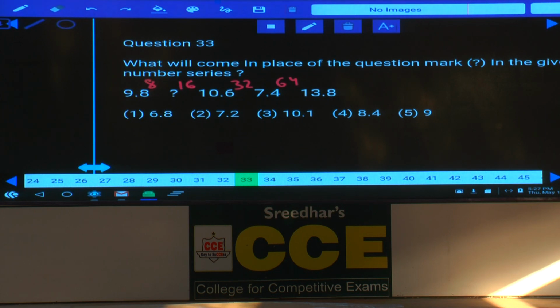Now 98 plus 8 is 10.6. Here 74 plus, here minus, next one plus, next one minus. Alternately addition and subtraction. And this is 33.